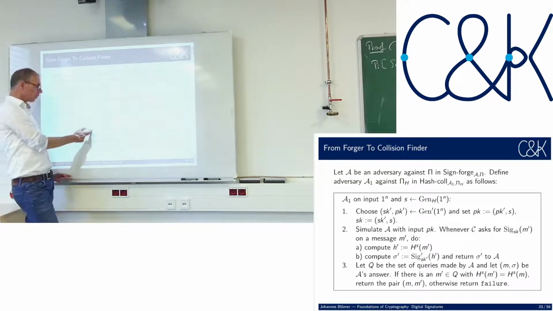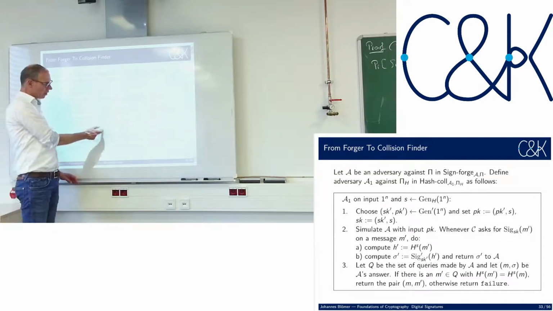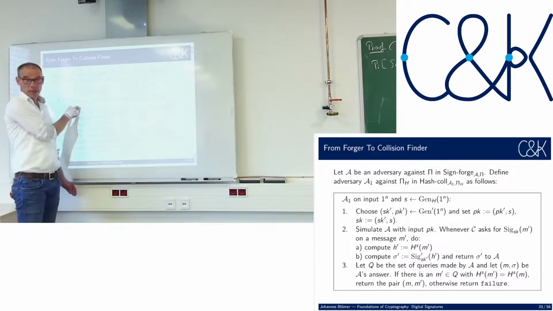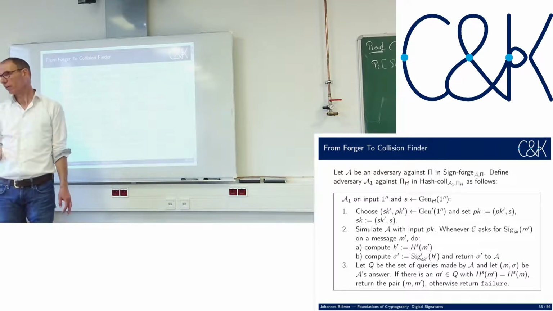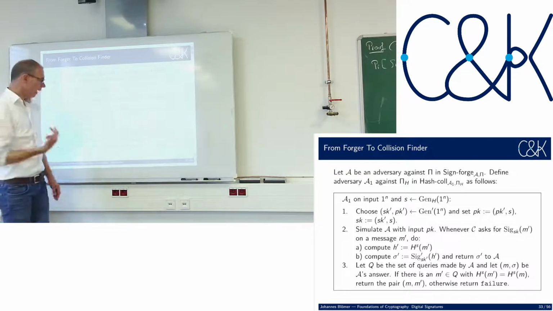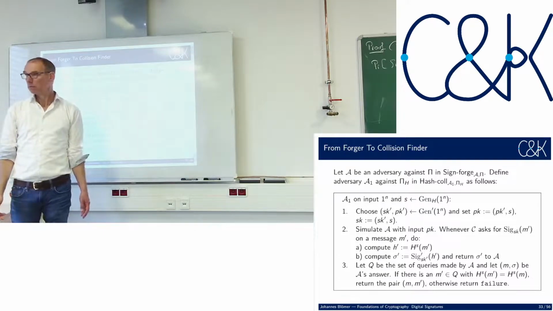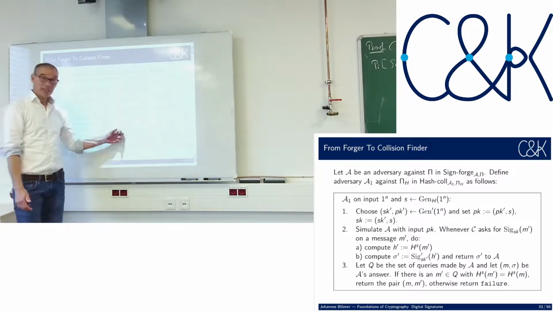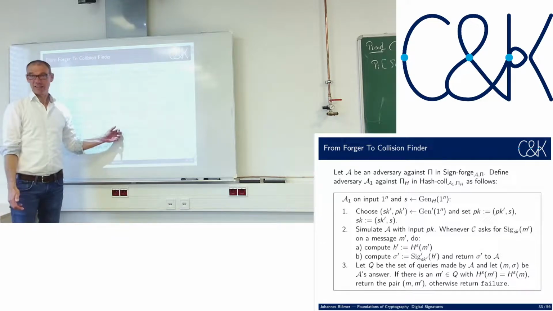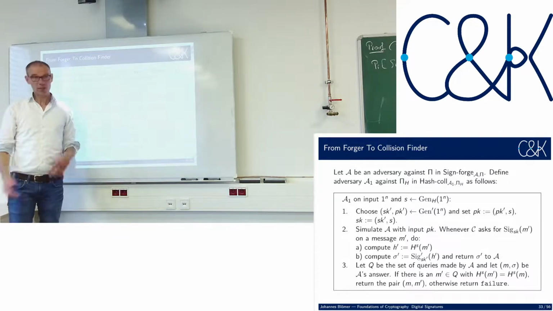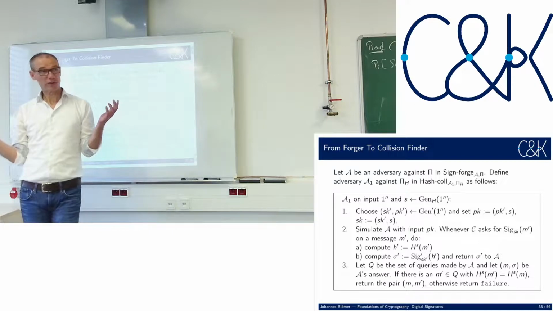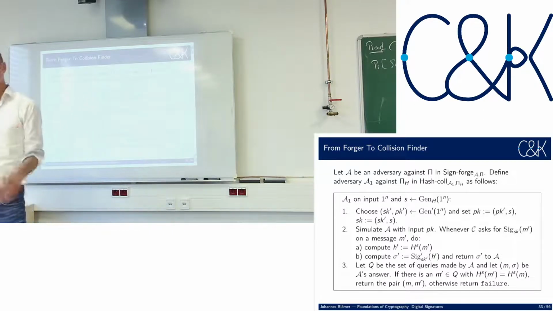And then we compute sigma prime using the signing algorithm of pi prime using the secret key SK prime, which we can also do because we know SK prime, which we generated ourselves. And then we return sigma prime to A. And this is a correct answer. It's exactly as in the forgery game. We generated our keys as in the forgery game, as in the scheme pi.